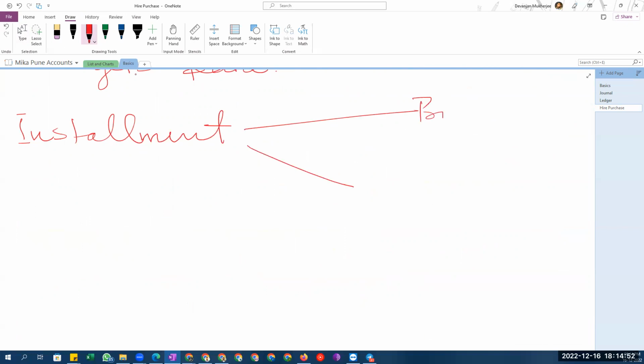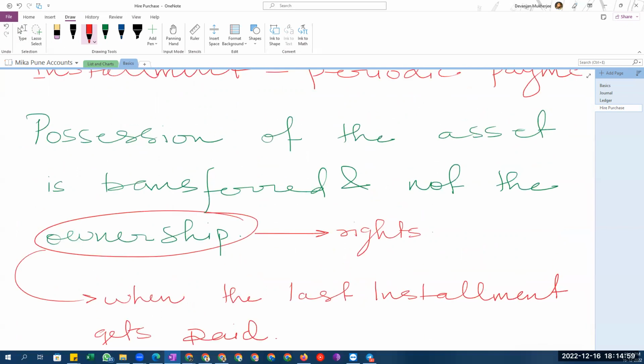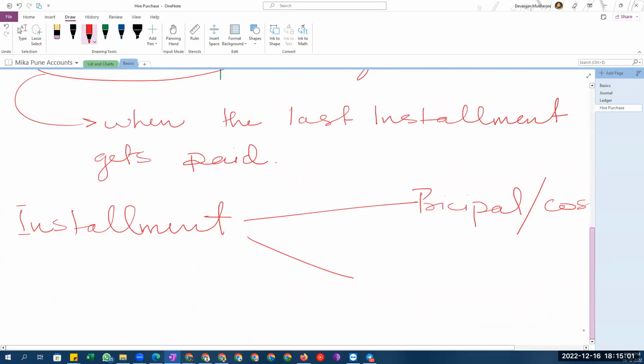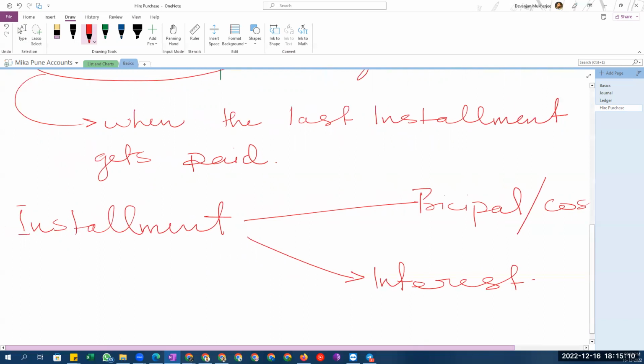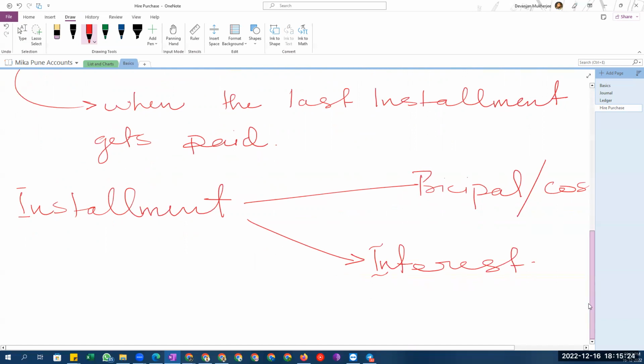The principal, or basically the cost of the asset, and the interest, because we are delaying the payment, right? If we are delaying the payment, then we will have to pay a certain amount of interest on it, which is also included in that transaction. Cool.